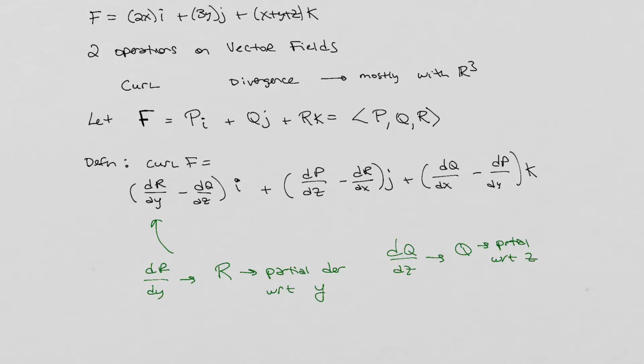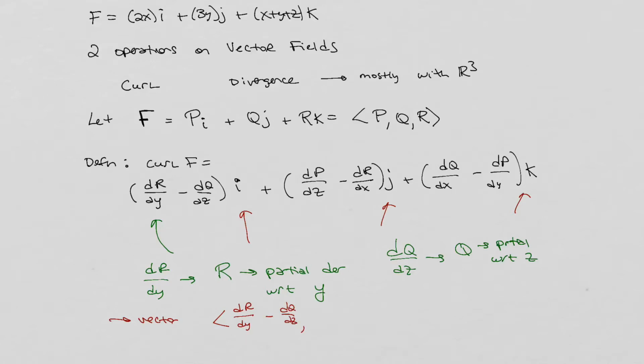And then if we look at the i's, j's, and k's, remember those represent vector components. So what we're actually getting out of this, the result of this, is a vector, where component i has the partial of r with respect to y minus the partial of q with respect to z.